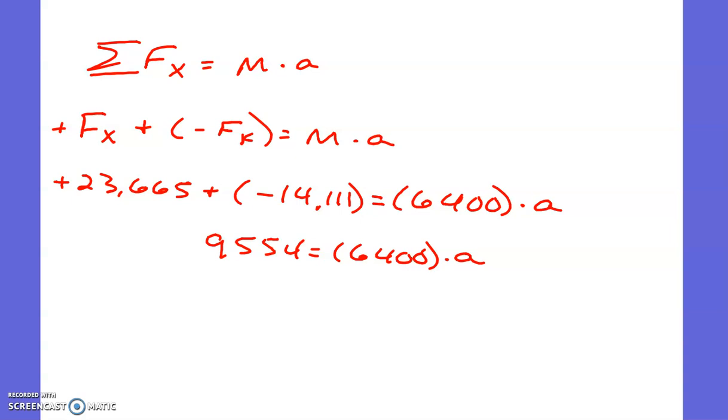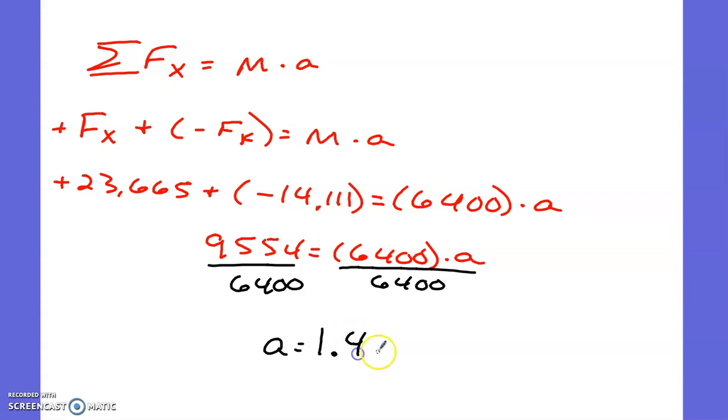And then finally, we divide each side by 6,400, since it's connected to the a through multiplication. And we get the acceleration to be 1.49. Acceleration has units of meters per second squared.